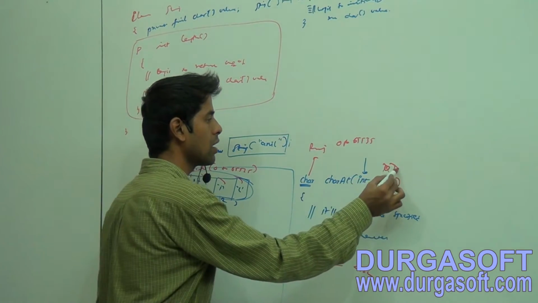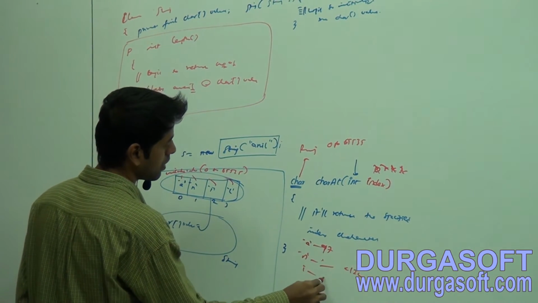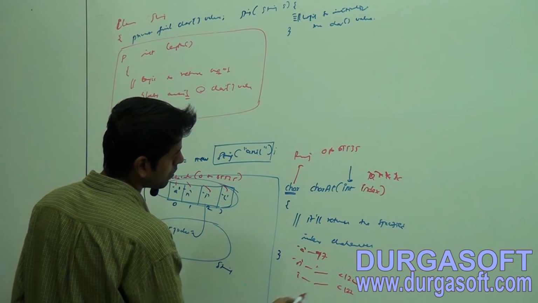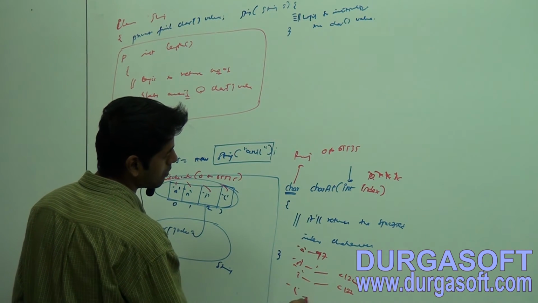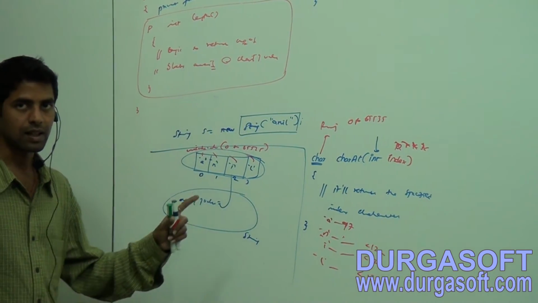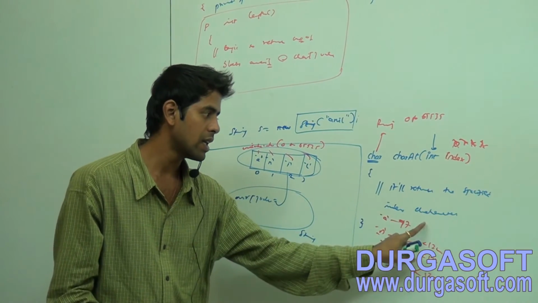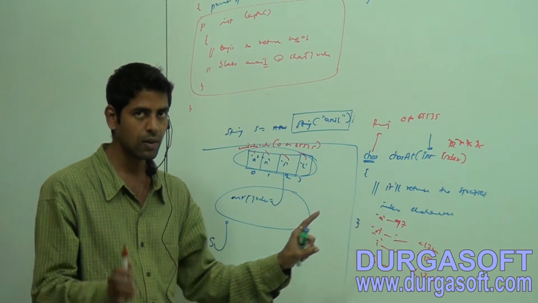Likewise I and L will have some values less than 122. Like that, it will return the character at the specified index.